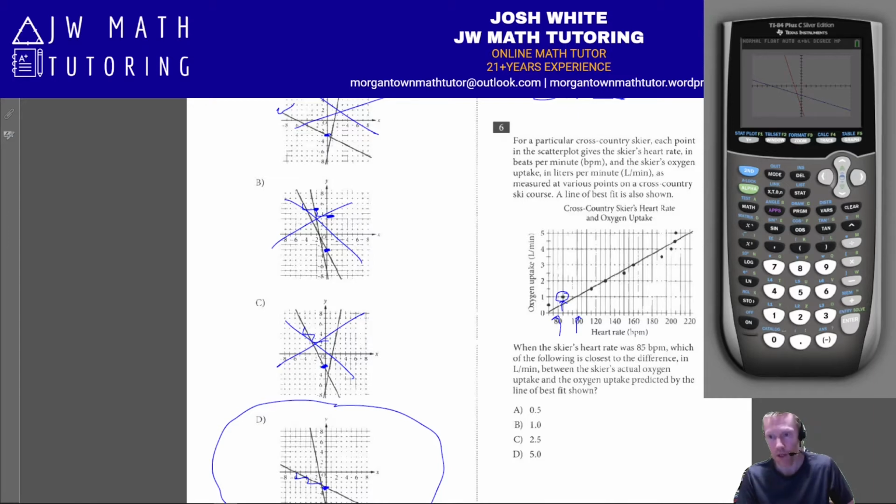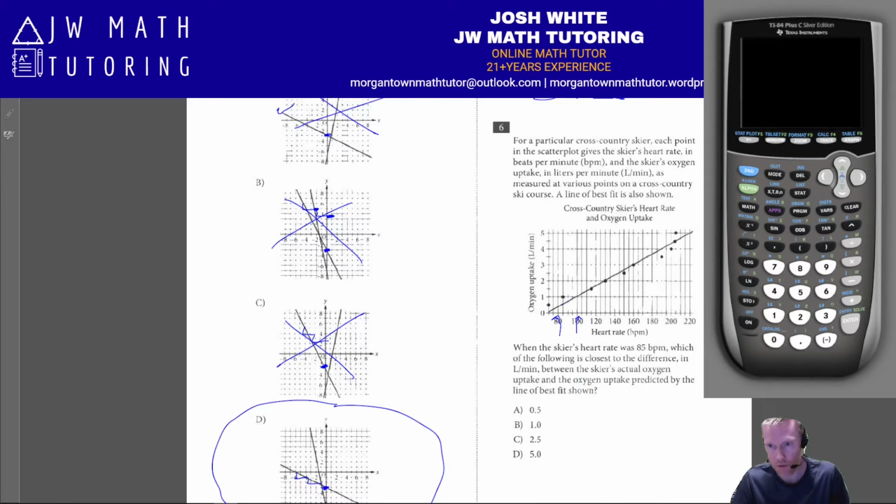Okay? So it wants to know the difference between the actual oxygen uptake and predicted. So the actual is the actual point dot on the graph. The actual value is just 1, because notice it's across from the horizontal mark of 1 here. So actual value is 1, and now I'm just going to delete some of these drawings. Okay, so now what's the predicted?